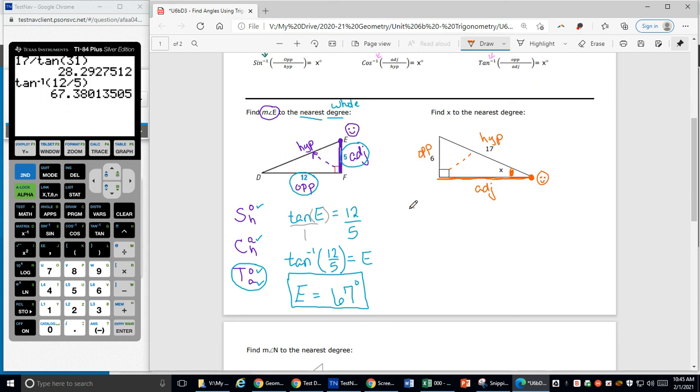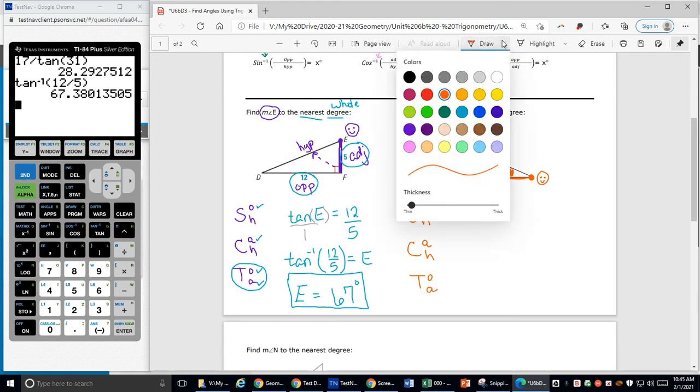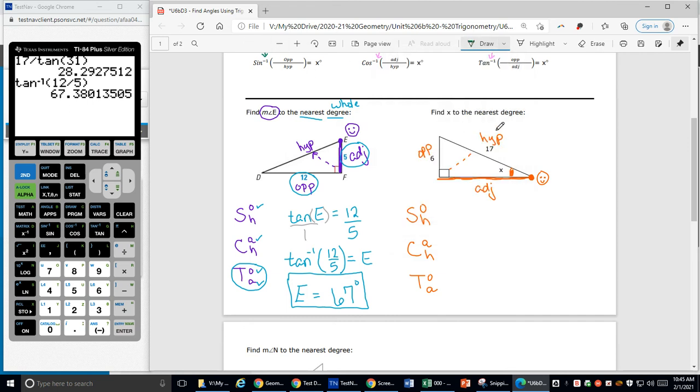Okay, and then I compare that to SOH CAH TOA. And this time I know two sides, so those are the two sides that I'm going to be circling. So I know that my hypotenuse is 17, and I know my opposite is 6. I don't know anything about the adjacent, so the two that I'm going to use fall under sine.